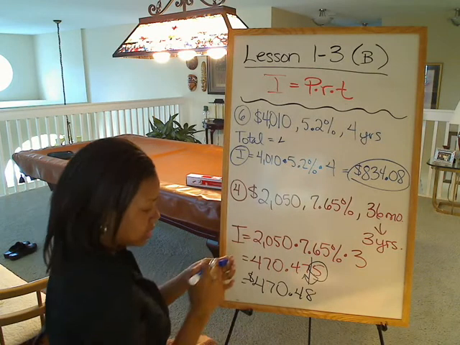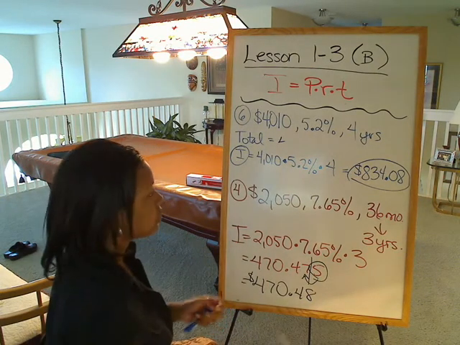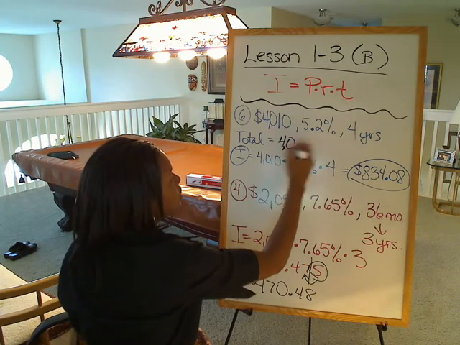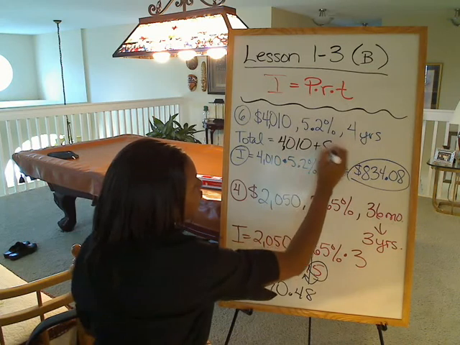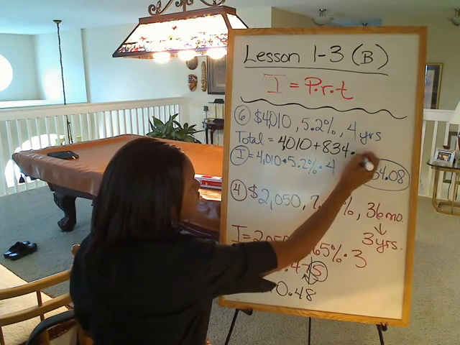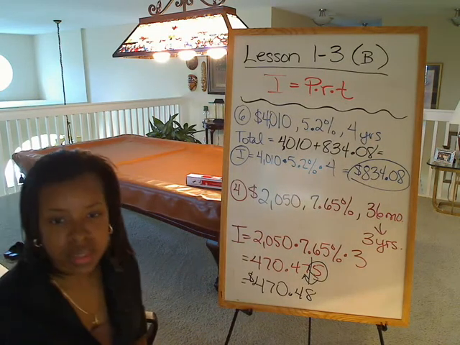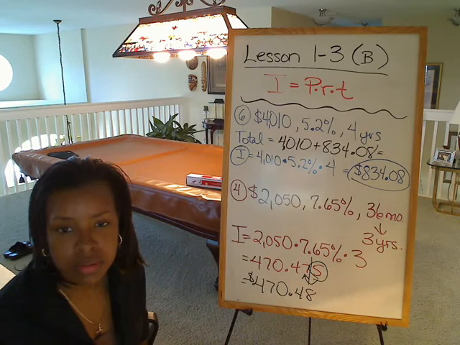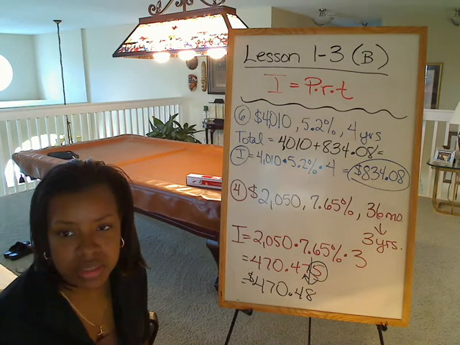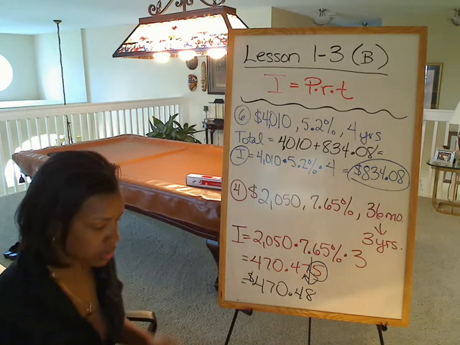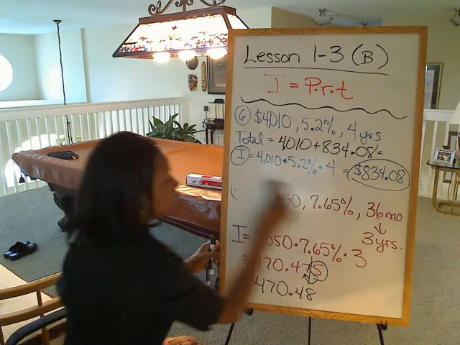So let me write this in a different color so that it sticks out. $4,010 plus $834.08 gives you what? I'll probably write that over because I don't like the way it looks all bunched up. Let's rewrite it down here.